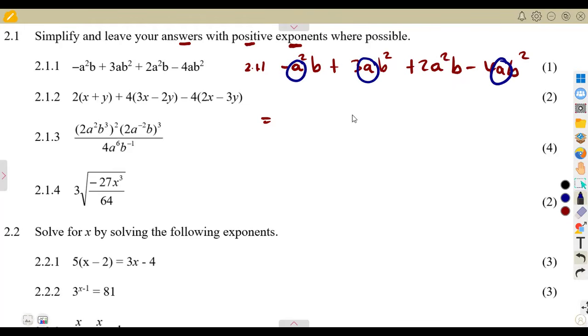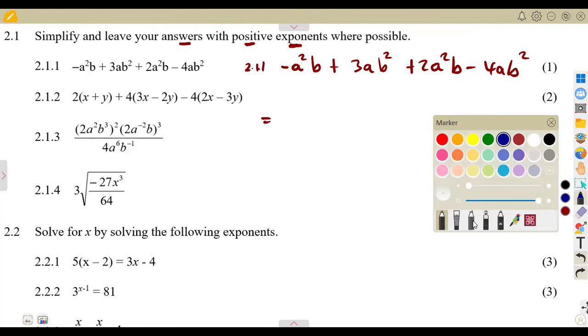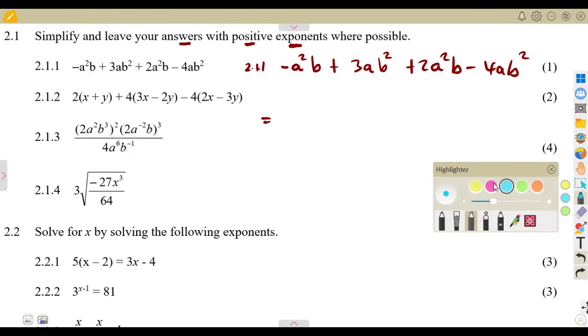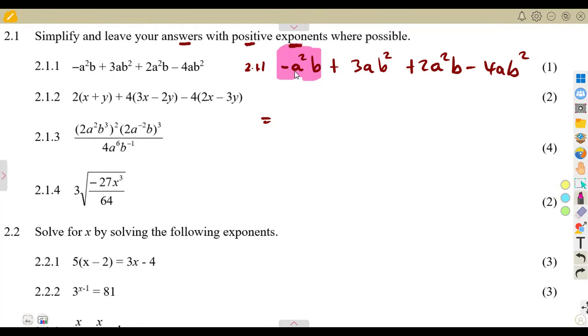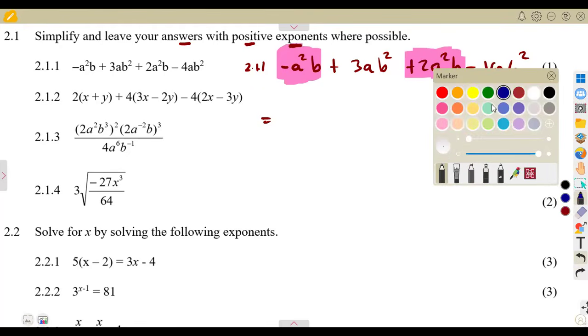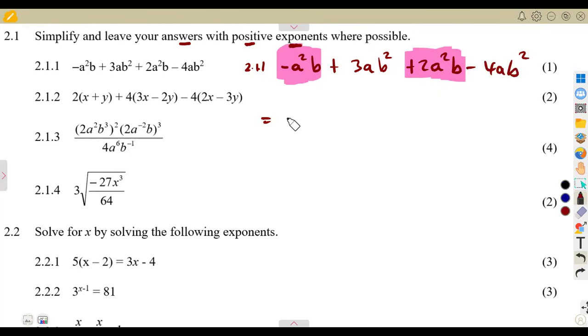This is a, which is the same as this one, b squared, b squared. So you have to consider that part. The like terms are supposed to be of the same exponent.